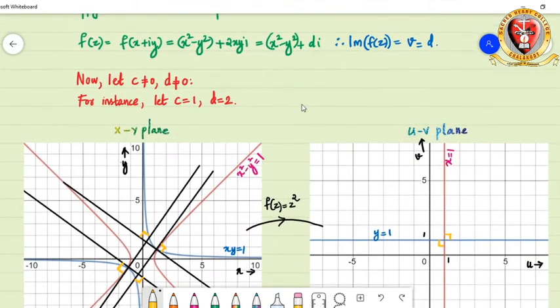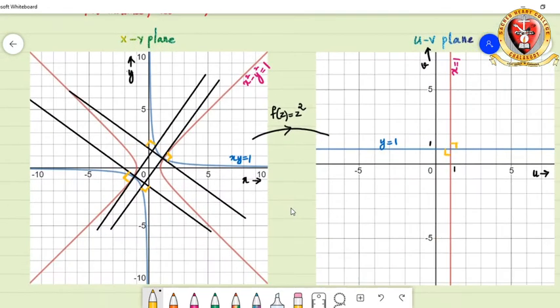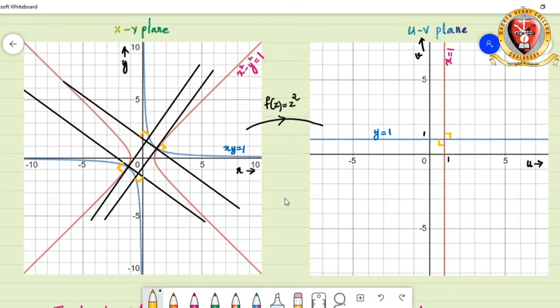So let's see the figure. In this figure, you can see you had first of all the set of points x plus iy, where x square minus y square is equal to c. So instead of c you have 1, so you are thinking about x square minus y square is equal to 1.